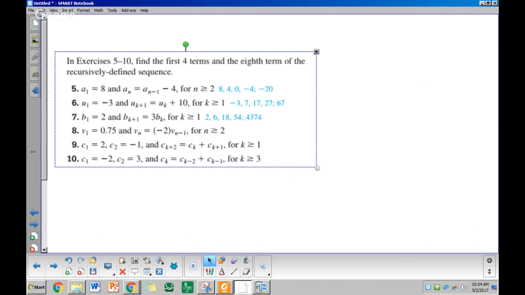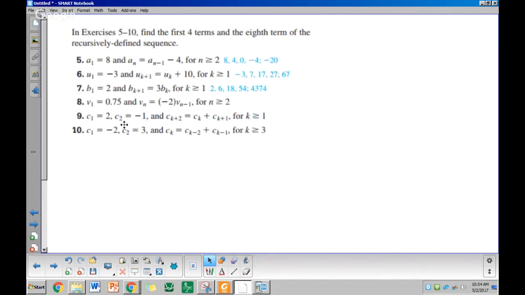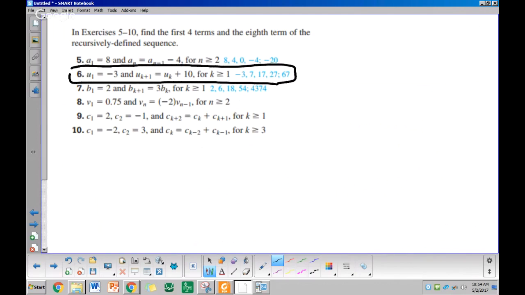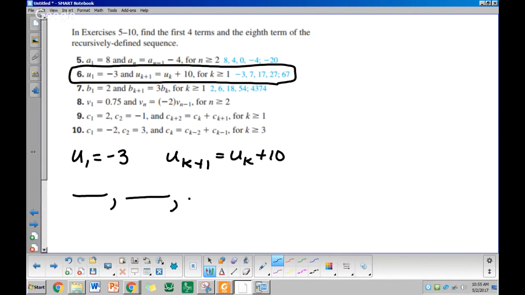You can have a recursive definition, meaning, let's say on number 6 here, they let u sub 1 equal -3, and then they say u sub k plus 1 equals u sub k plus 10. That means to get to the next term, I have to add 10.